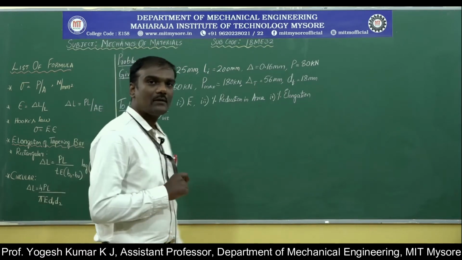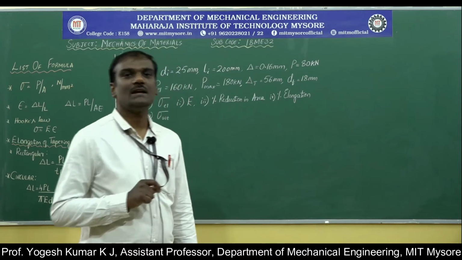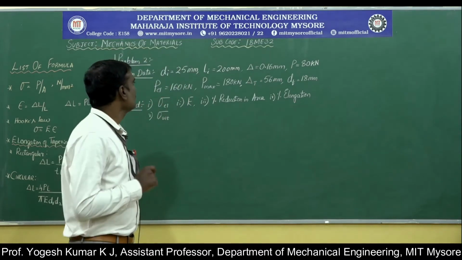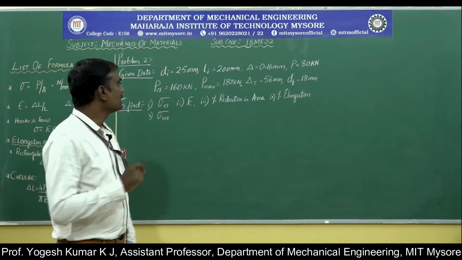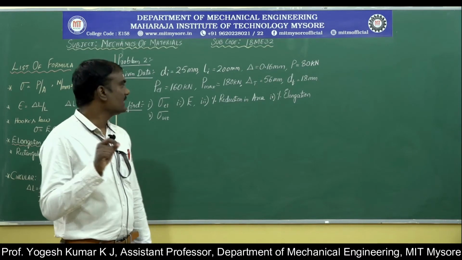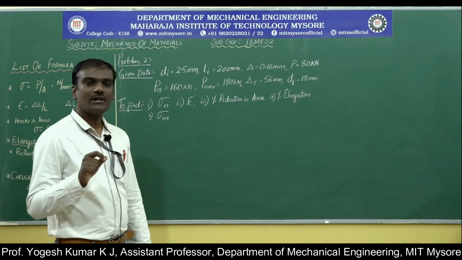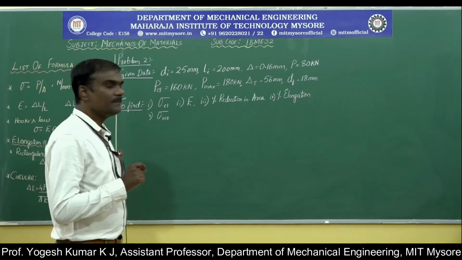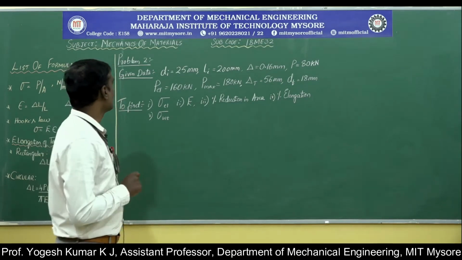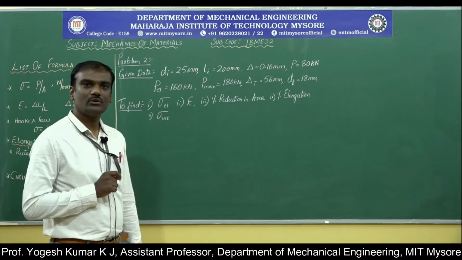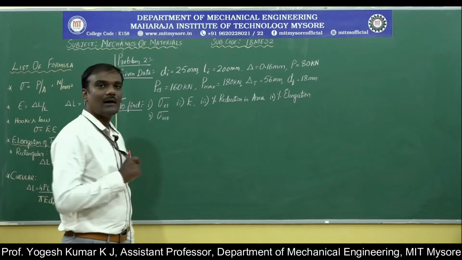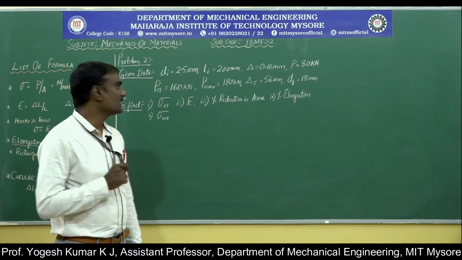I will repeat the problem. A specimen of steel 25 mm diameter and with a gauge length of 200 mm is subjected to destruction in a tension test, and shows an elongation of 0.16 mm at a load of 80 kilonewton, the load at elastic limit is 160 kilonewton and the maximum load acting on the member is 180 kilonewton.